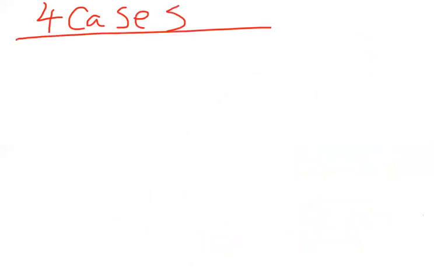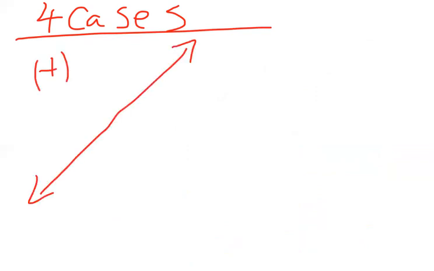Now, there are 4 cases for the slope, guys. 4 cases, all right? When we talk about the slope, we look at positive slope, which is very common. And a positive slope, when you draw a graph, by the way, you go from left to right. Whenever you're drawing, you're going from left to right.